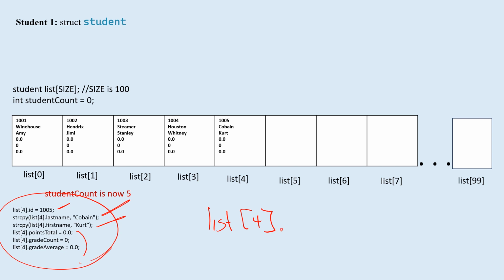I use the dot operator to get the field within my student, for example, ID, and then I turn that into an integer. So by hard coding them in like this, it really reiterates how you use the dot operator and how you manage an array of structs.